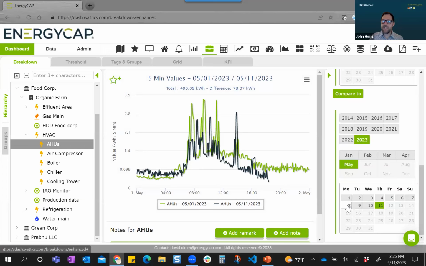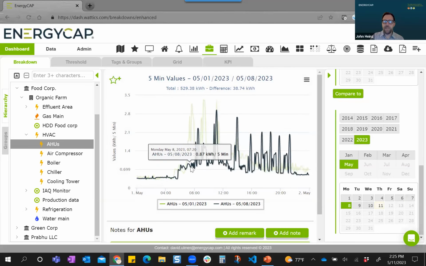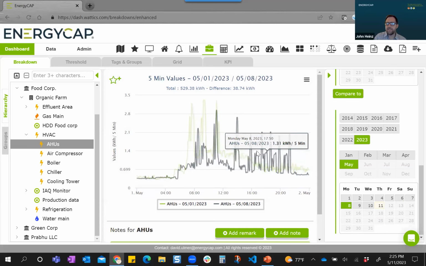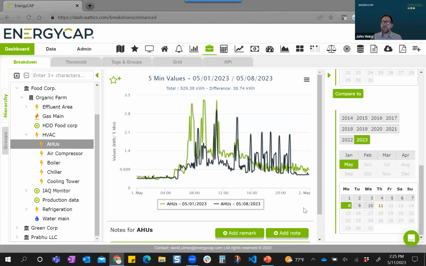So in this case, I could overlay May 1st and May 8th and just see what that looks like. Both are the same days of the week, 1 week after the other. And you'll notice, May 8th tended to be more, something was going on in the evenings that didn't happen the week of the 1st. So it helps where you can compare time periods.